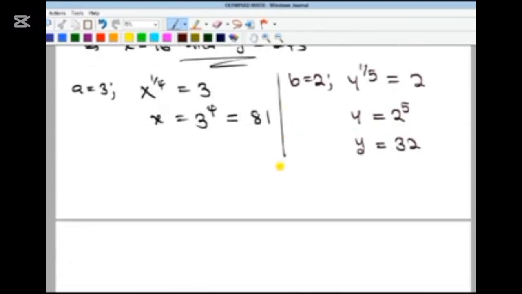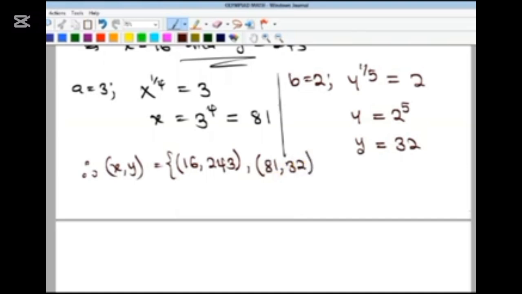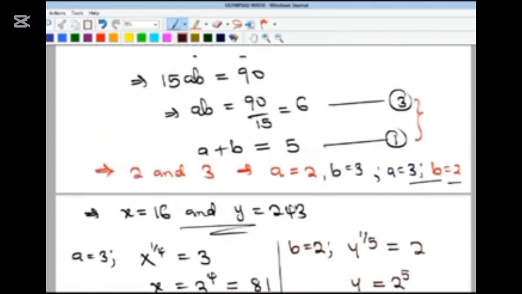So the implication is that my x and y will have two values. It is either x is 16 and y is 243, or secondly x is 81 and y is 32.